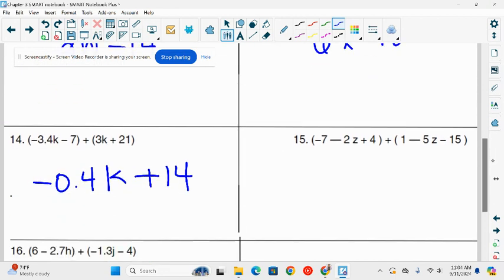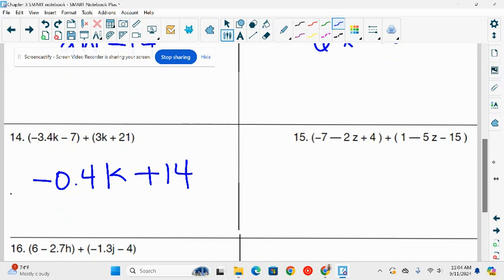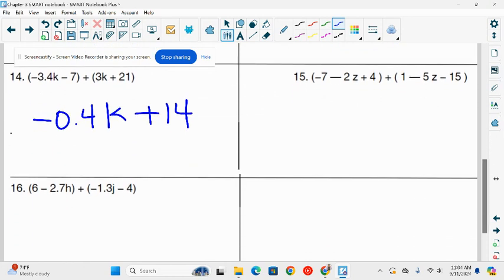I never had time to finish. It's okay. Alright, let's look at 15. Now 15, they try to be a little bit trickier with it. Positive 8 minus 12, because they put 3 things here. Let's look at the first parentheses right here. We've got a constant, a variable, and a constant.